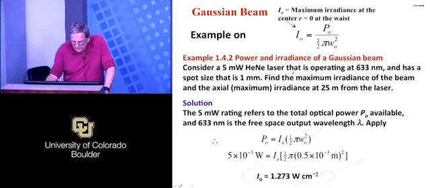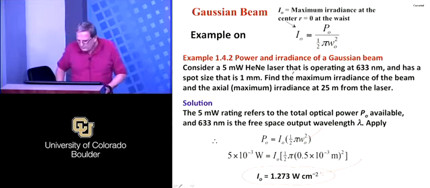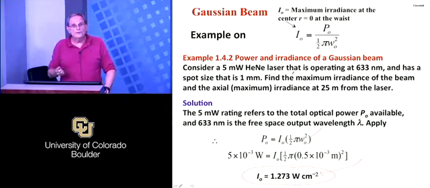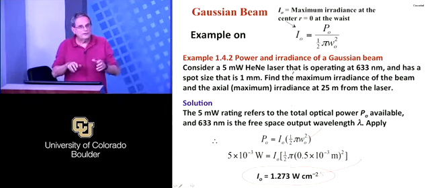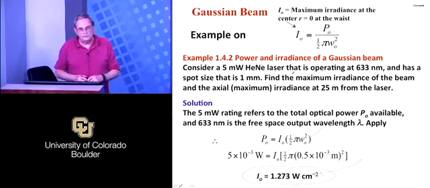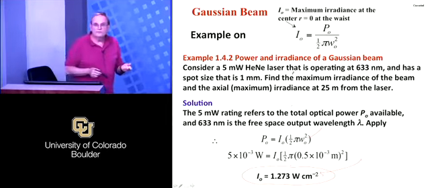These days, it used to be before the laser pointer that you'd actually see surveyors and such out in the field using helium neon lasers. These days, pretty much you can do anything you can do with one of these helium neon lasers with a red laser, which is made out of aluminum gallium arsenide, essentially.